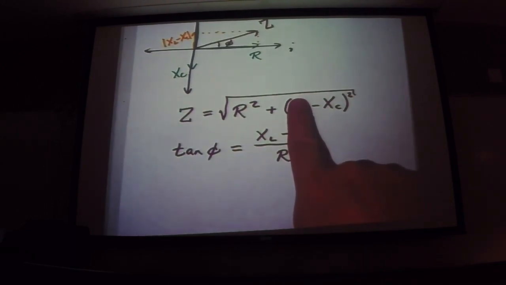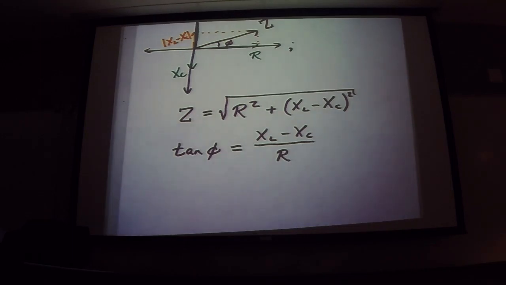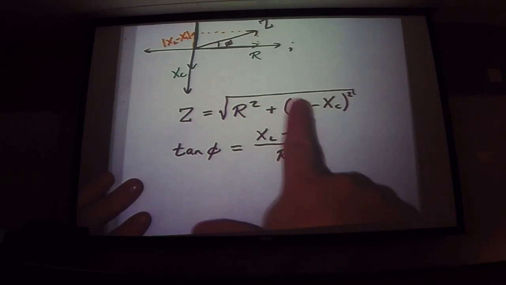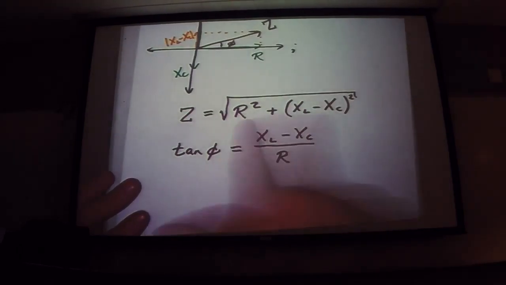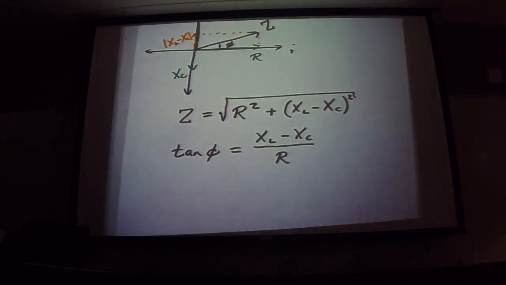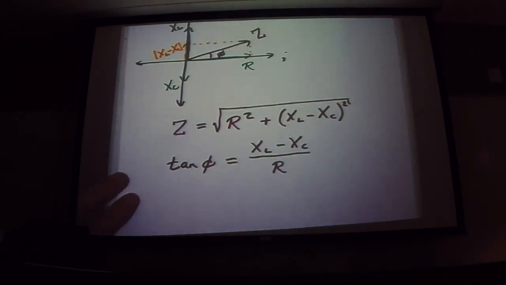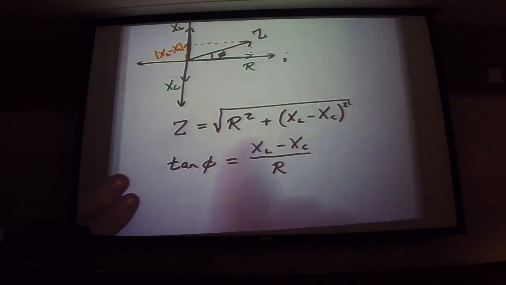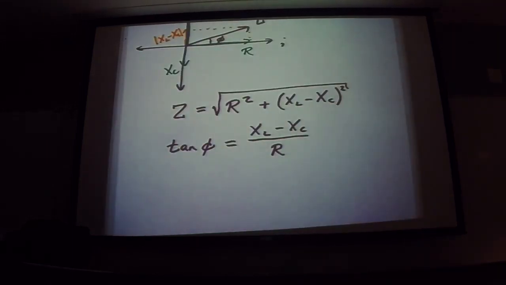Otherwise, if the frequency is low enough, this would subtract and I'd have an imaginary. And in the case that you're trying to find V, are you keeping negative XC? Yeah, keep the negative. Always keep the negative in, because it's minus.